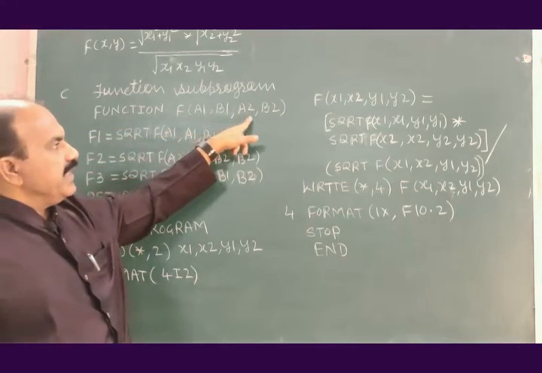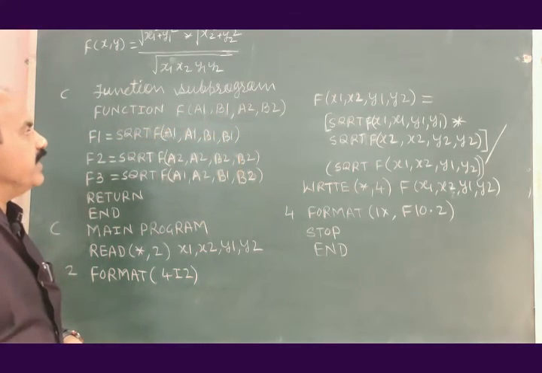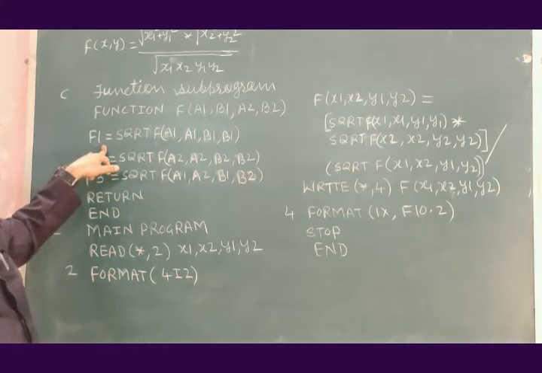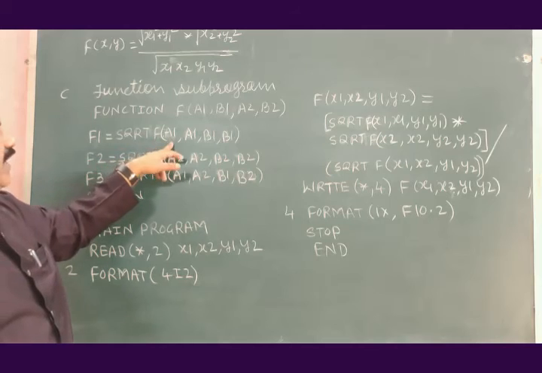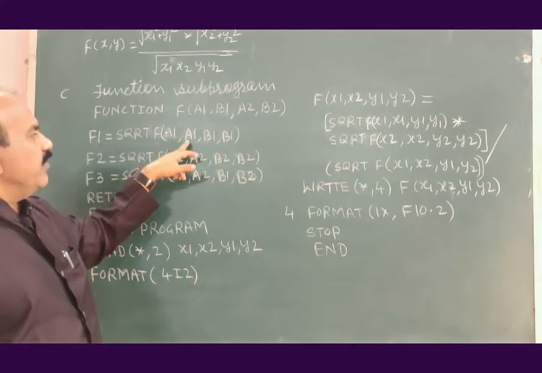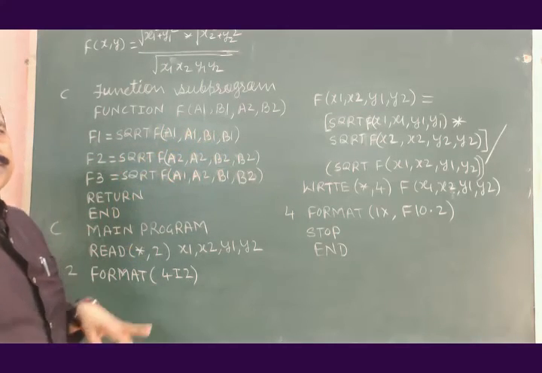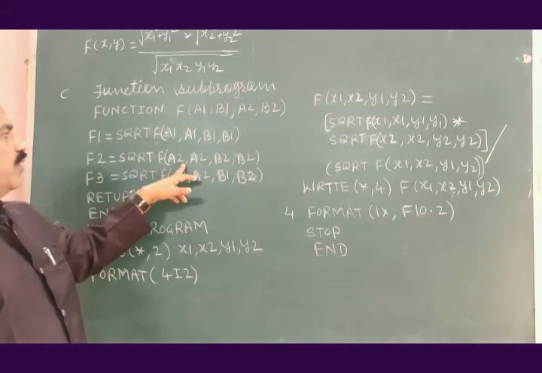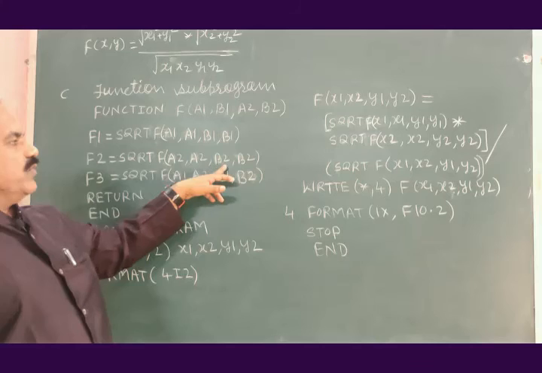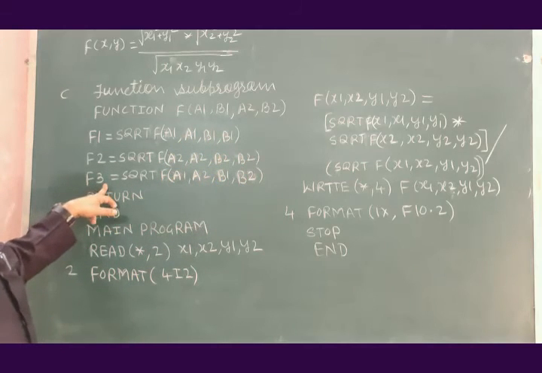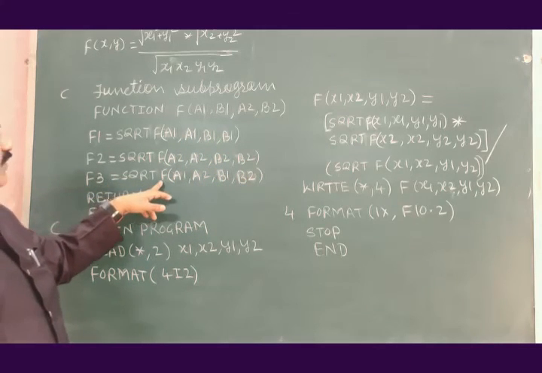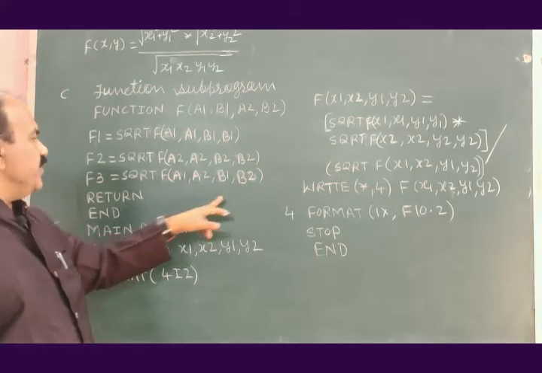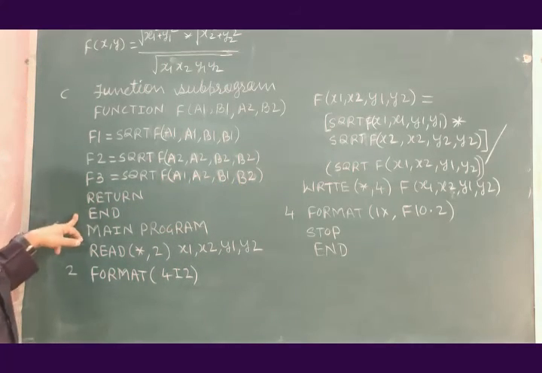Function name, the variables a1, b1, a2, b2. f1 is square root of f of a1, comma a1, comma b1, comma b1. f2 is square root of f of a2, comma a2, comma b2, comma b2. f3 is equal to square root of function a1, comma a2, comma b1, comma b2. Return, end.